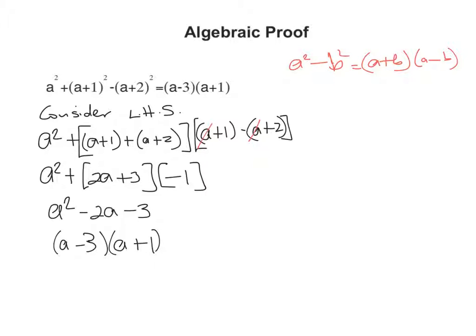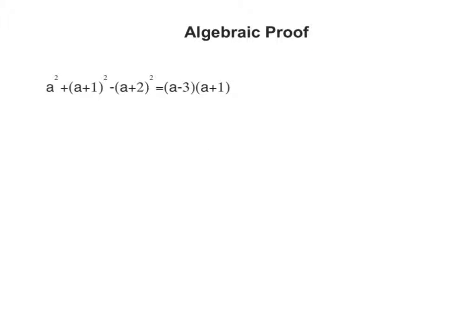Now, on the next page, I have got the same problem here again, but this time I want to go about it using a different sort of method, which is to expand all the brackets. So that's now going to give me a squared there. That is this a squared. Then when I expand this bracket, I will use FOIL or whatever it is that you normally use, but it is this bracket multiplied by itself.